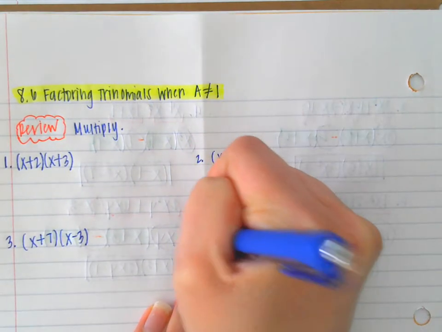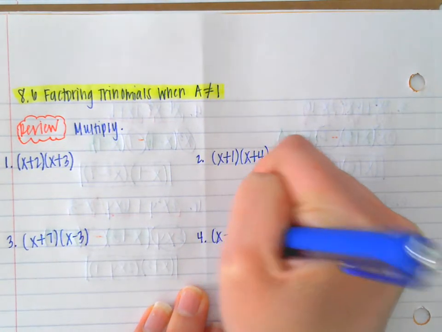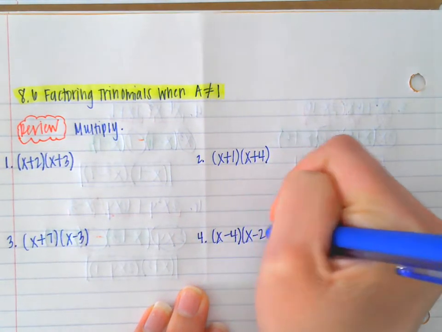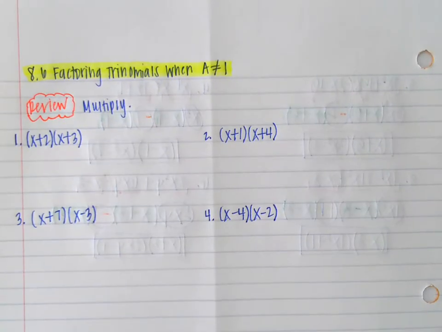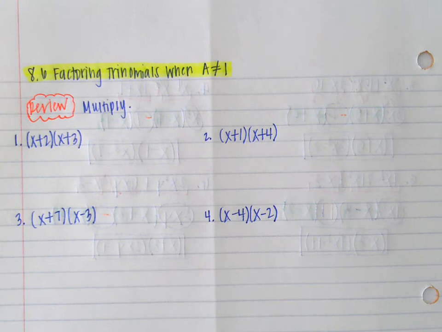And last one, x minus 4 times x minus 2. I know you can. So pause it right here, multiply those out, and then come back and check to make sure that you multiplied those together correctly.